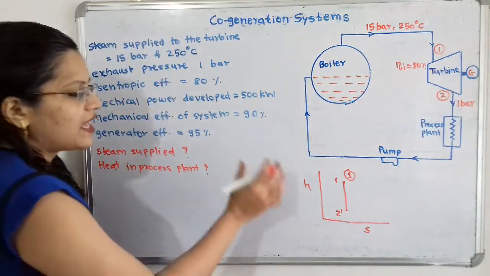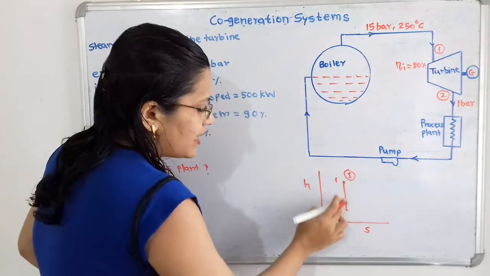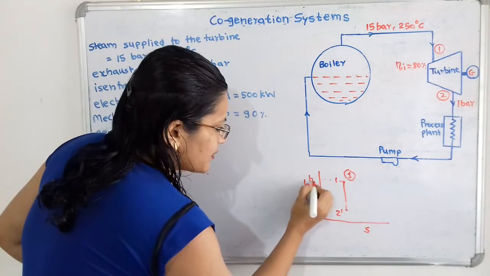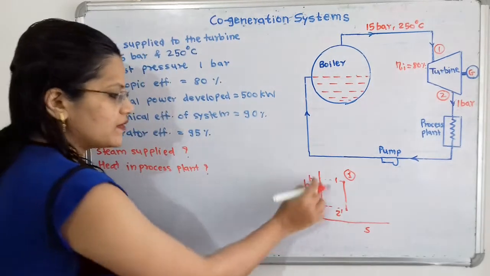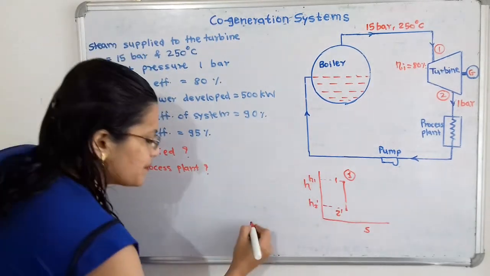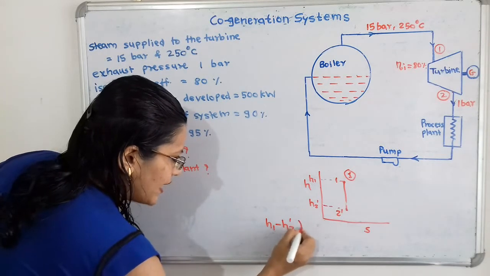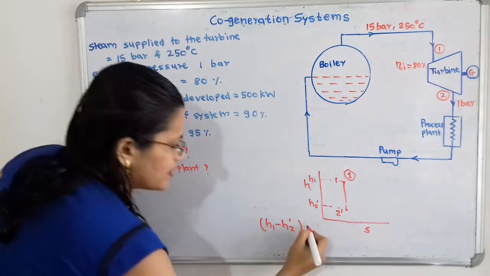For this I will write the isentropic efficiency and this isentropic expansion process. Here is the enthalpy H1 and here is the enthalpy H2 dash. So we take the difference, H1 minus H2 dash, multiplied by the efficiency of 80%.